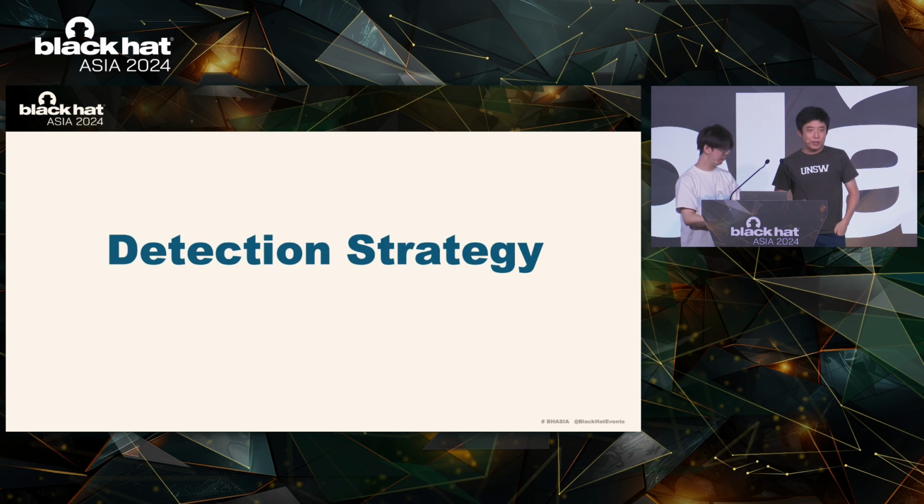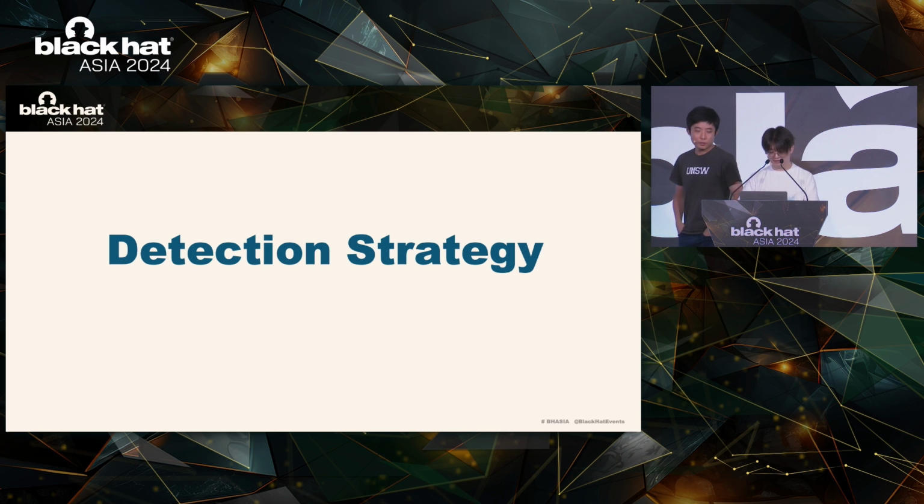And now I will pass on to Tom to discuss how we can detect this type of very harmful vulnerability. Okay, after we have some background of this study, let me talk about some techniques that we used in this study. First is how we detect these vulnerabilities.